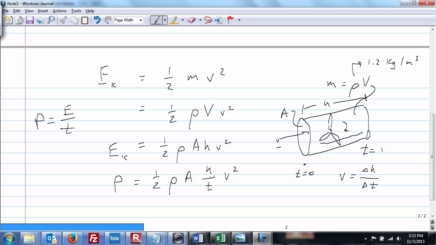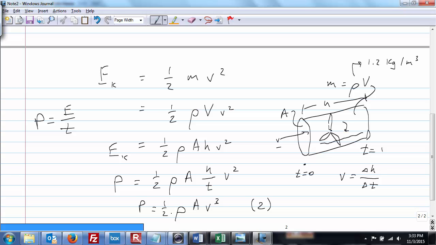So through the power of algebra, we managed to combine space and time and turn it into velocity. So now we just have power equals 1/2 rho A v cubed. And that, I believe, is equation number 2 in your textbook. They don't derive it quite in the same way, but hopefully the way I've described it here shows you where that comes from.